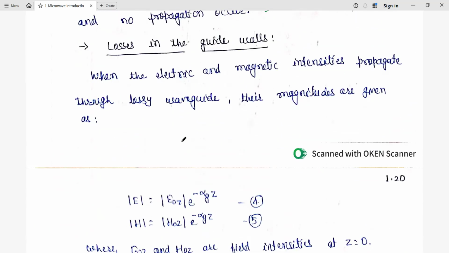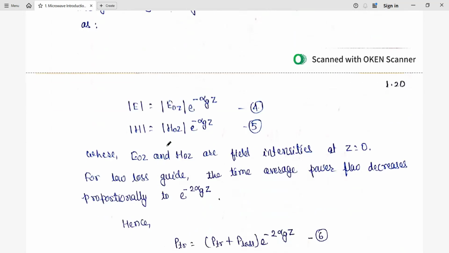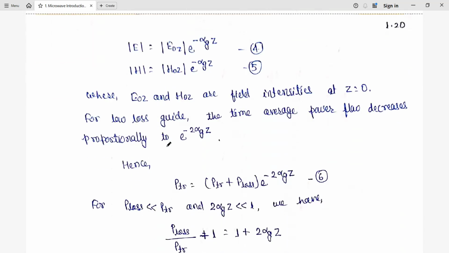Now we are talking about losses in the guide walls. Just now we have seen loss in the case of the dielectric. Now we are seeing it inside the waveguide walls. When the electric field and magnetic field intensities both propagate in a lossy waveguide, their magnitudes we can represent. Lossy waveguide means propagation will occur.